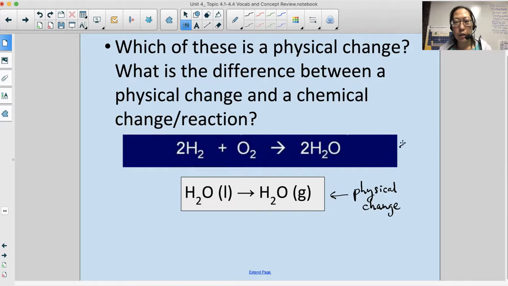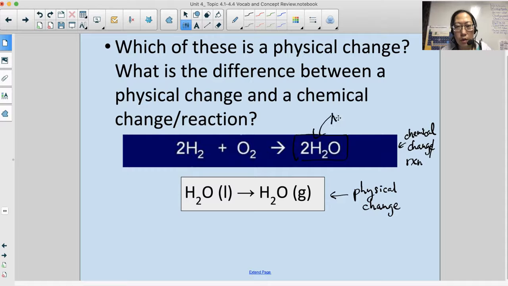The one on the top here is a chemical change, or a chemical reaction. Now, I'm often going to abbreviate reaction as RXN, meaning reaction. So this is an actual reaction. We have bonds breaking. Atoms are rearranged to form this new substance right here.